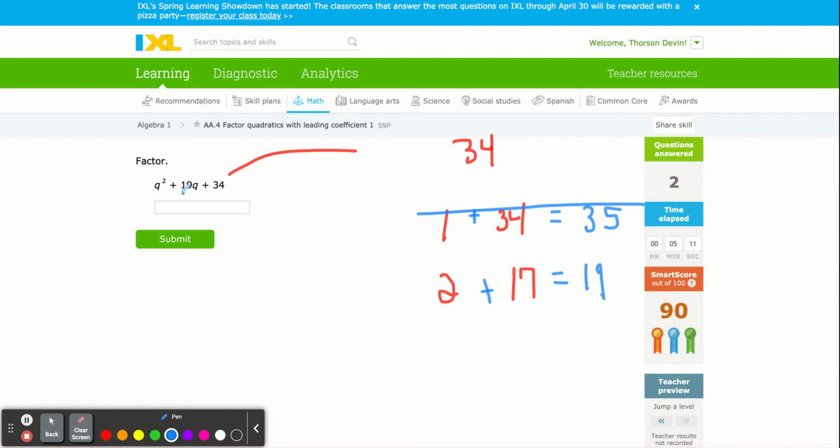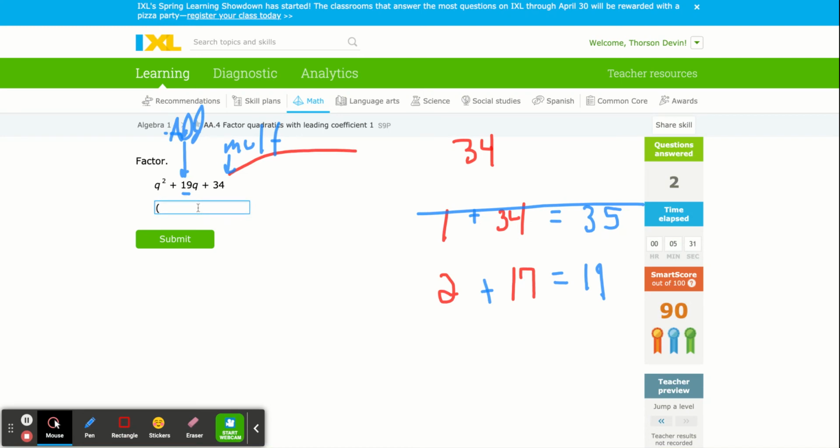That's this number right here. So remember, this one is what we want to multiply to. This one is what we want to add to. And so we found that 2 plus 17 is 19, and 2 times 17 is 34.